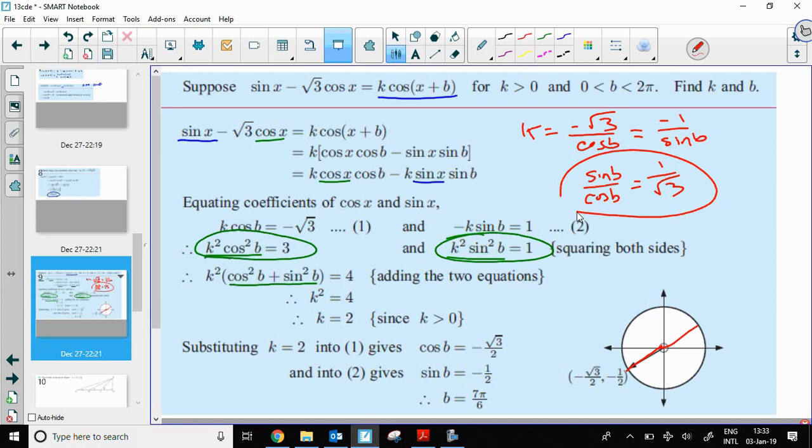But since we're told that k is positive, there's no way that a negative times a positive could be a positive. And likewise, over here, there's no way that a positive times a positive could be a negative. So that would inform us that we were in the third quadrant for sure. All right, so there's two different ways that we could solve that system.